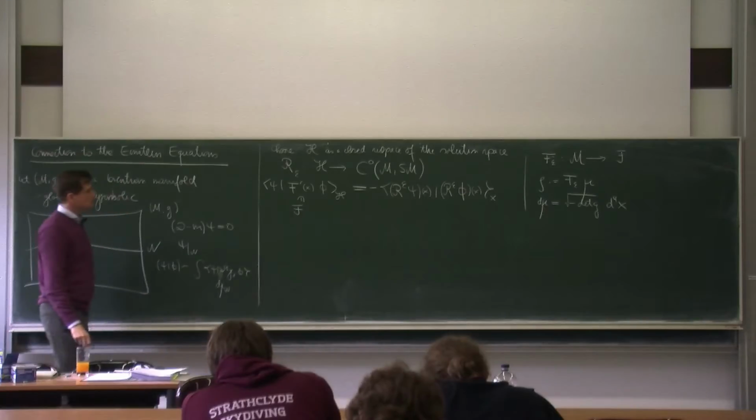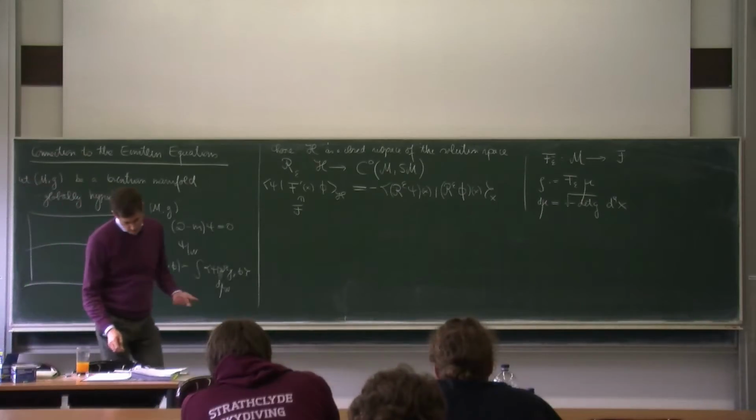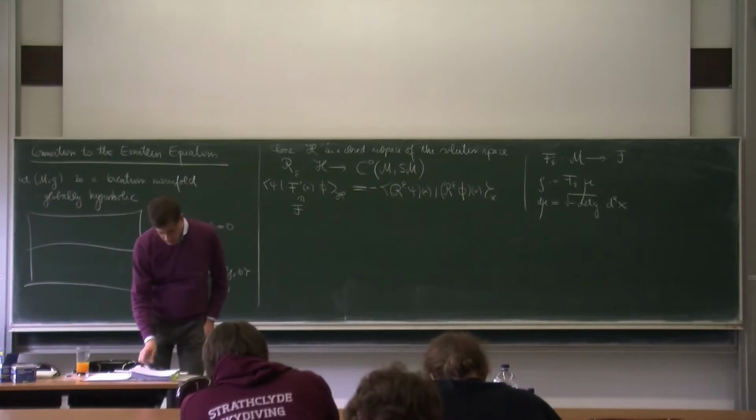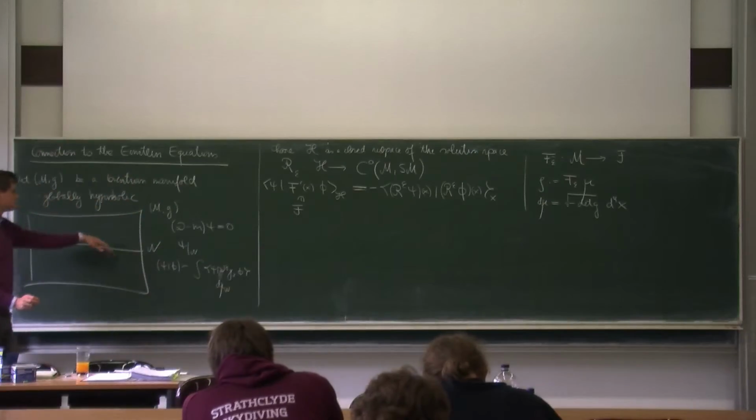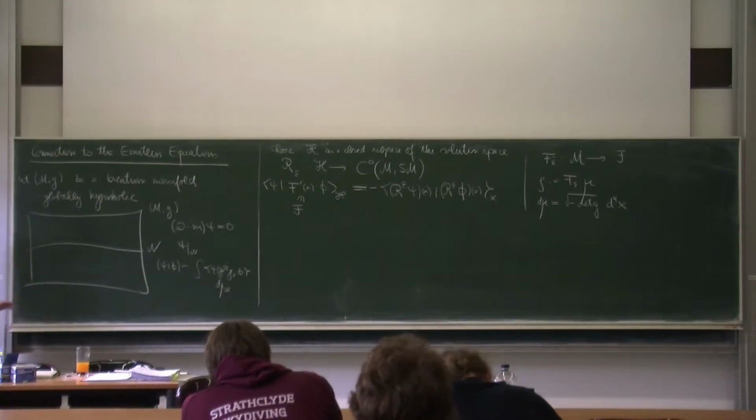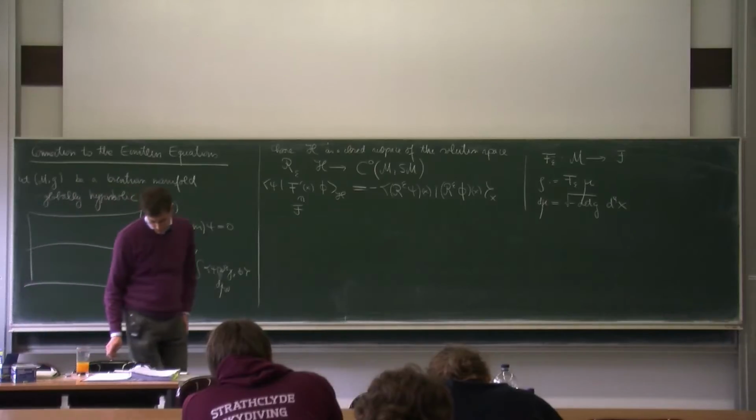And this gives us a causal fermion system. So this works just as before. And the whole construction is generally covariant. It does not depend on the choice of the Cauchy surface and so on.